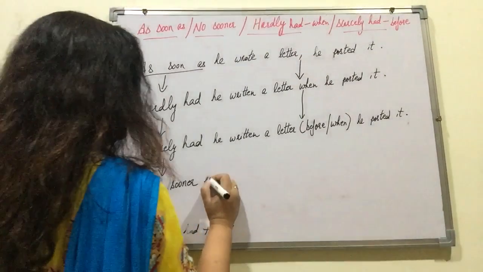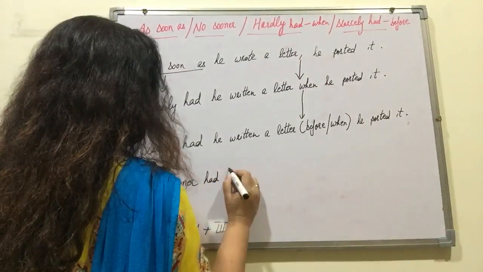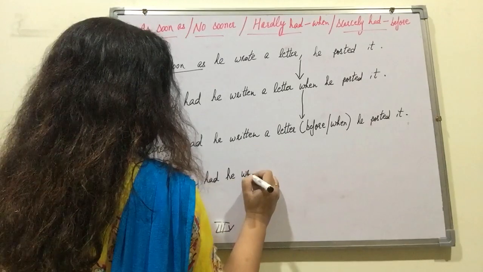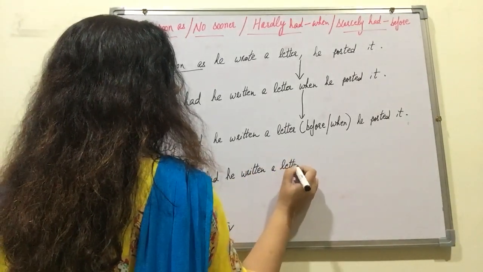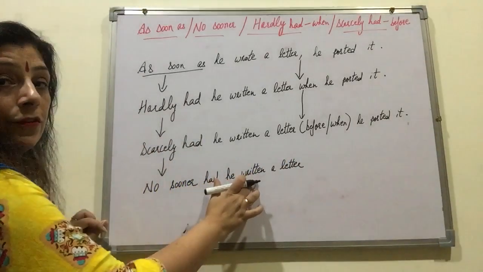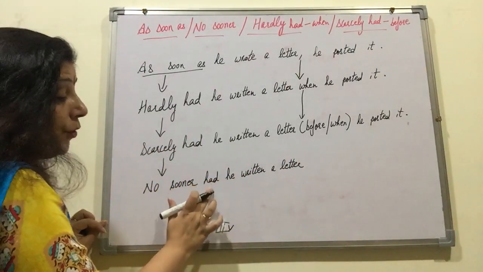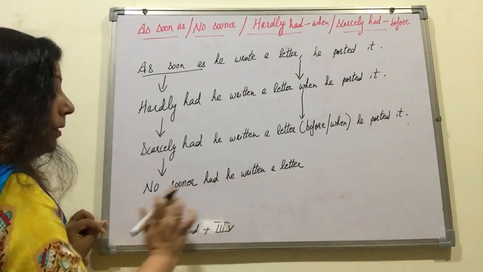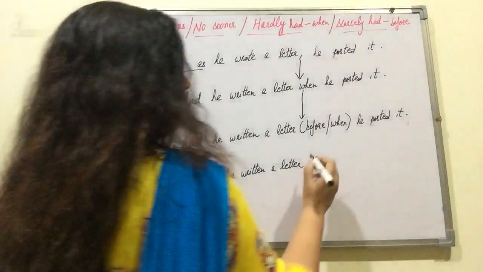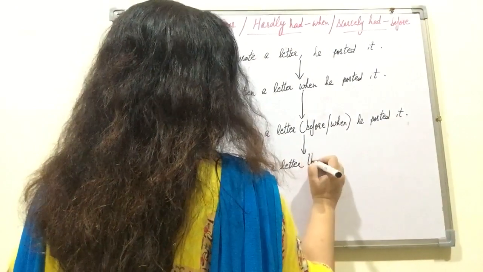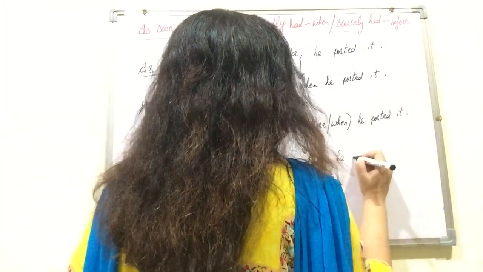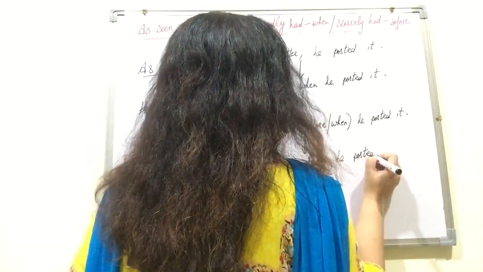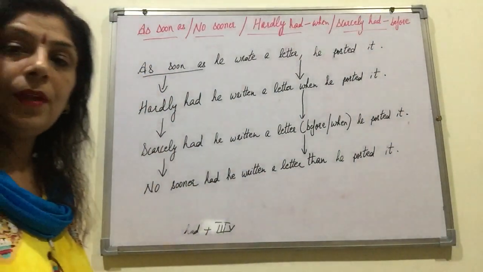So no sooner had he written a letter, because had takes the third form. Had it been did, अगर did use करते तो right हो जाना था first form. No sooner had he written a letter. No sooner takes the word than he posted it. Right?